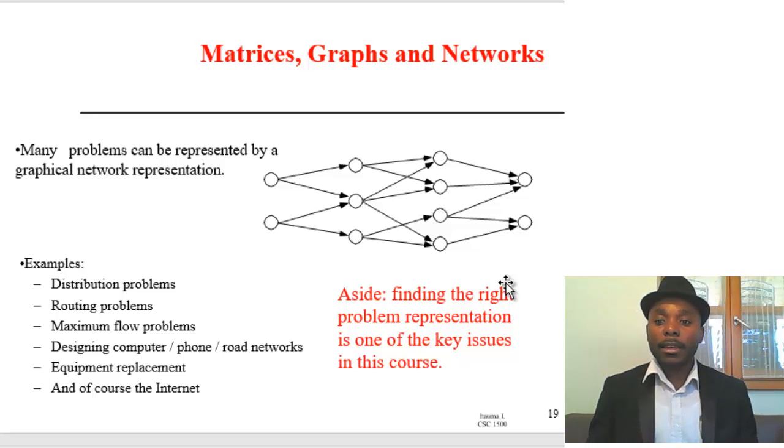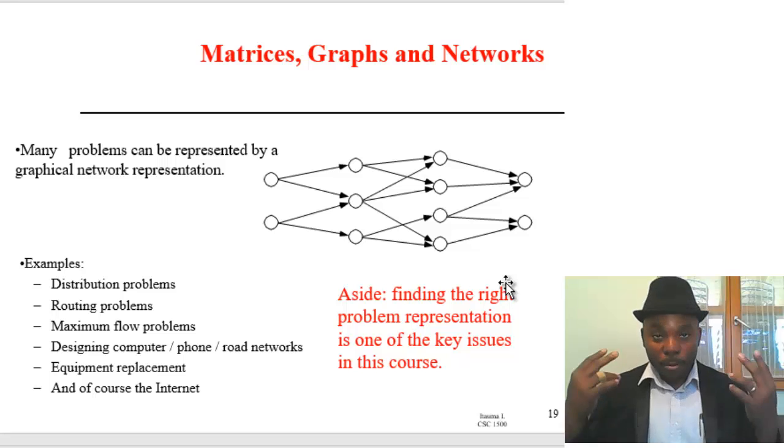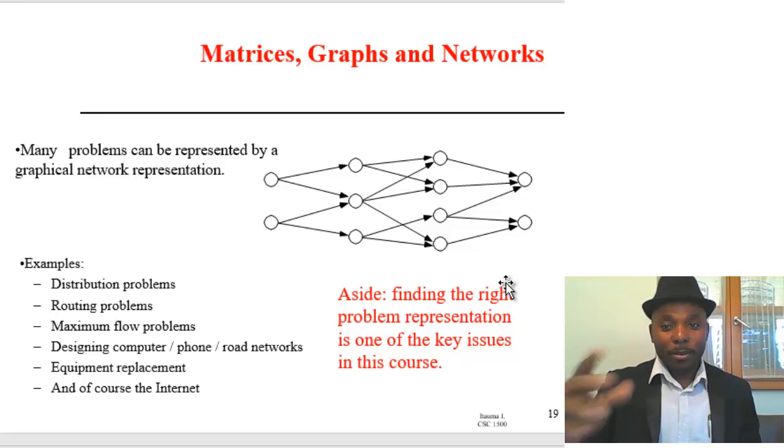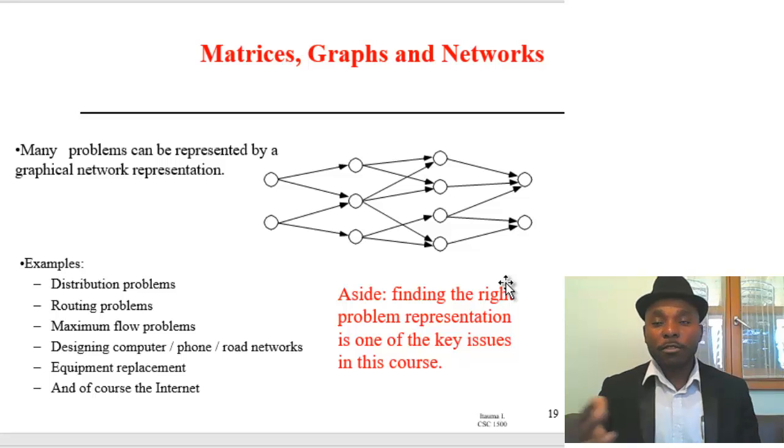Graphs are applied in distribution problems, routing problems, maximum flow problems, telephone networks, and of course the internet. Networked or linked structures are ubiquitous. Examples range from the World Wide Web, to large social networks such as the network of friends on Facebook, or even the neurological network of the brain. And some of you might want to venture into neuroscience and machine learning.